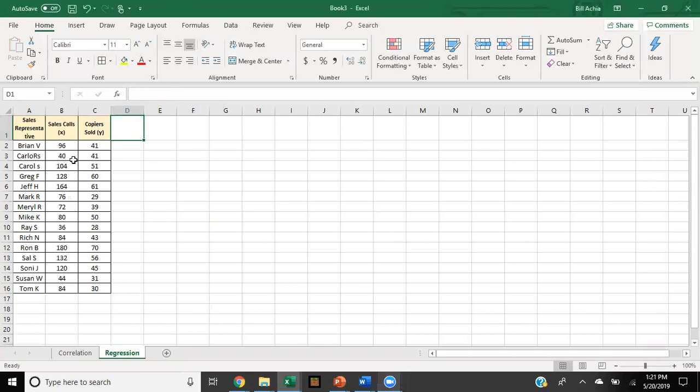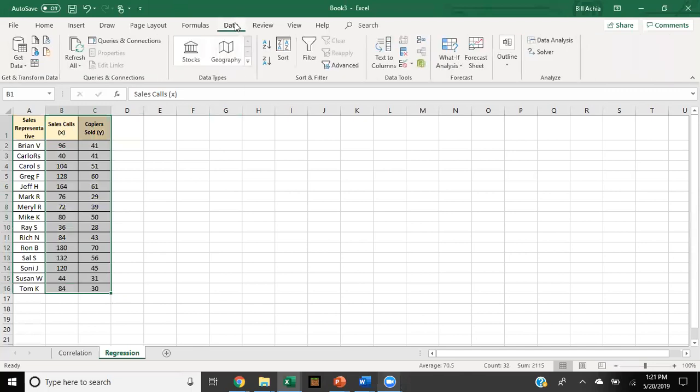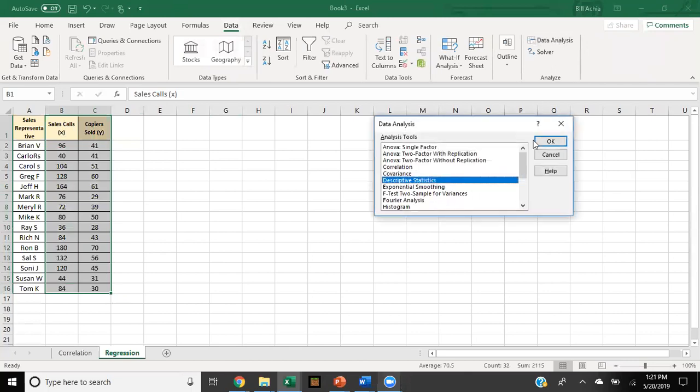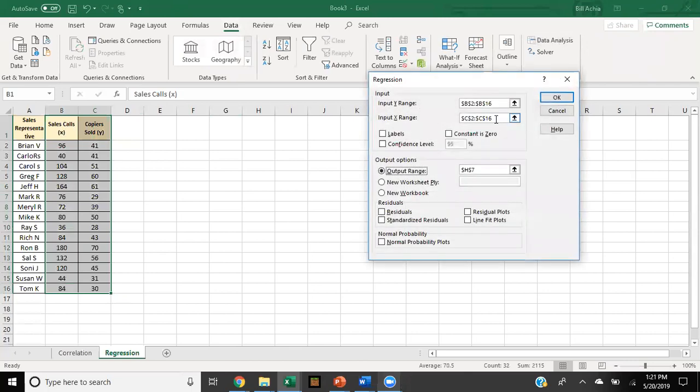Okay. Now, how would I go about determining the slope of that line just on the basis of these two pieces of information in Excel? I'd highlight this information, go back into data, and data analysis has a tool called regression that it's automatically populated.